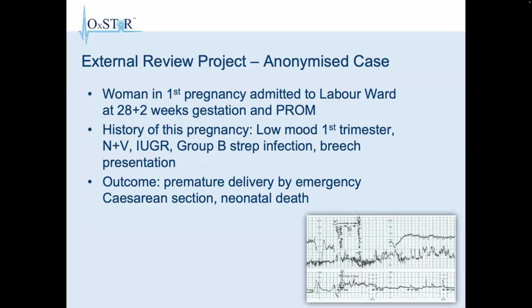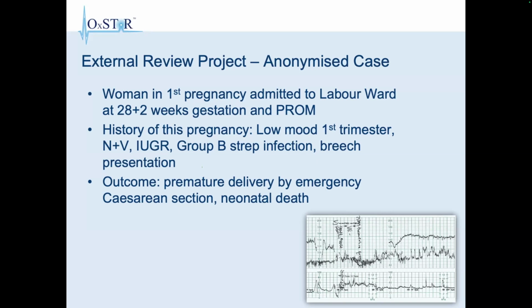So a woman in her first pregnancy comes into the labour ward at 28 plus 2 weeks gestation, so obviously preterm, with premature rupture of membranes. That's PROM. So her waters had broken, basically. The history of this pregnancy was complex.